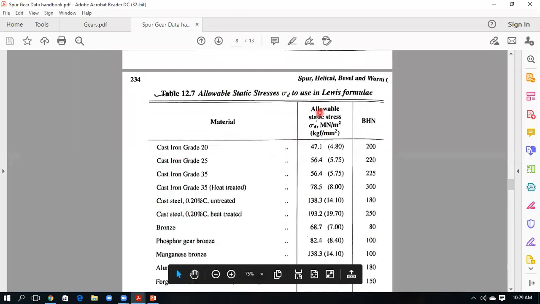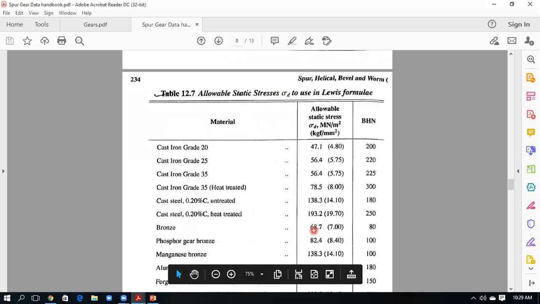According to that, you have to take down the allowable static stress. According to the given material of the gear also, you need to take down the value. In this case he has given it. If he had not given it and he has mentioned the gear is made of bronze, it means it is 68.7 megapascal.